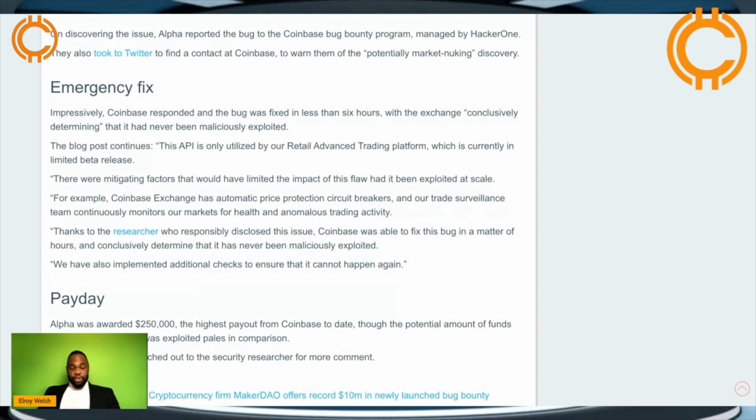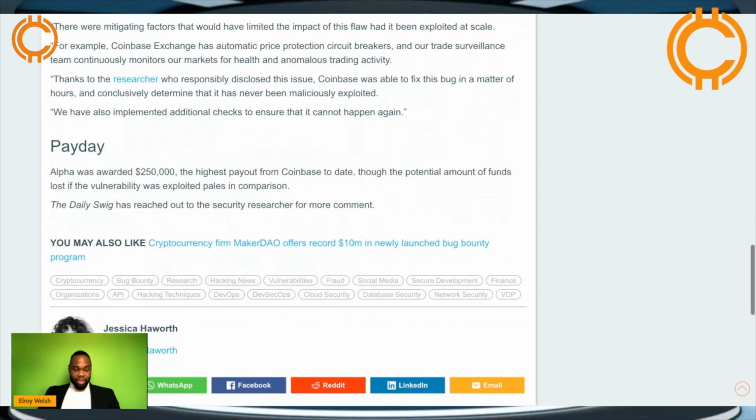Thanks to the researcher who responsibly disclosed this issue, Coinbase was able to fix this bug in a matter of hours and conclusively determine that it had never been maliciously exploited. We have also implemented additional checks to ensure that it cannot happen again.